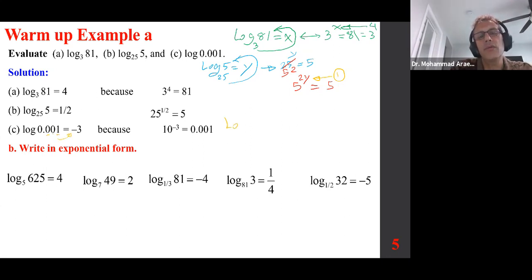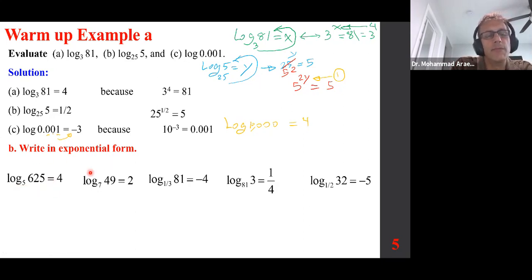However, if you have 1 with a bunch of zeros, then you count the number of zeros and make it positive. Log of 10,000 is 4. Okay. All right.